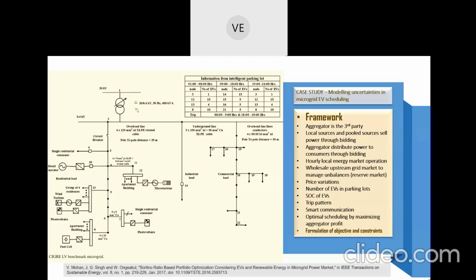Now, what should be an efficient schedule? An efficient schedule should be more practical. That means in real time, much deviation should not be there from the schedule. So it should be more realistic. We'll see how we make it realistic.